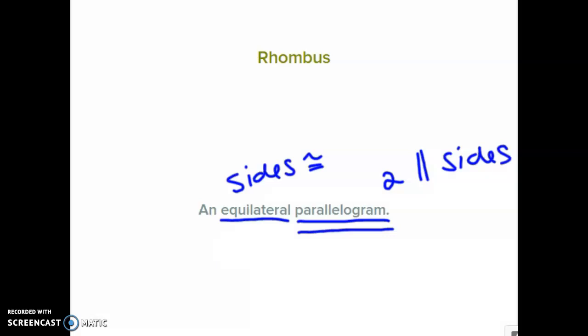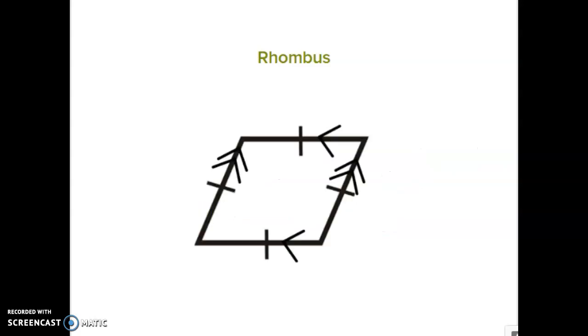Okay, so we can use our previous definitions to help us with the definition of a rhombus. So here we have all 4 sides are congruent with one another with our congruent markings here and here. Okay, and we have the 2 pairs of parallel sides. So make sure you have the correct markings on it so that you are not getting confused between a rhombus and a parallelogram and a trapezoid.